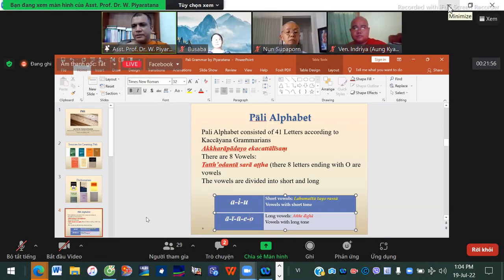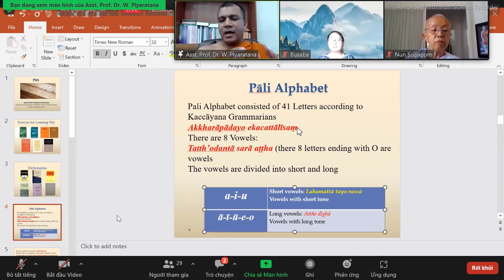Short vowels are A, I, U. A, I, U, E, O. These 5 letters we call long vowels. In Pali, short is called rassa and long is called dīgha.